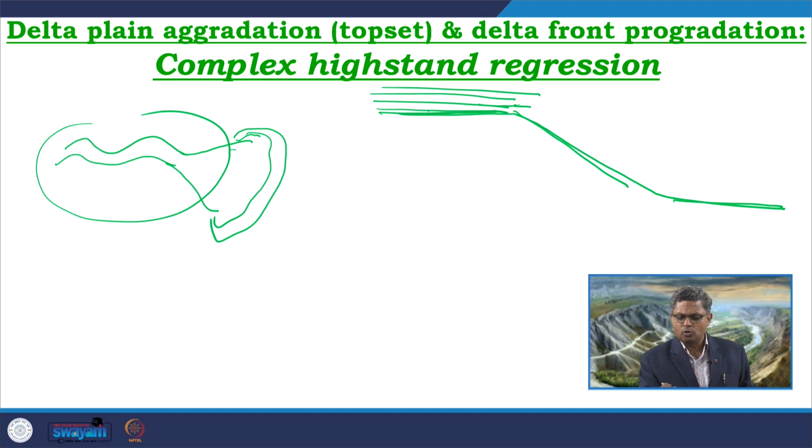That will lead to the formation of a delta, and the accumulation will be like this. Overall the system is prograding forward, and in this part it is more aggradation than progradation, whereas when I look at the delta front area, in this part it is more progradation with aggradation.